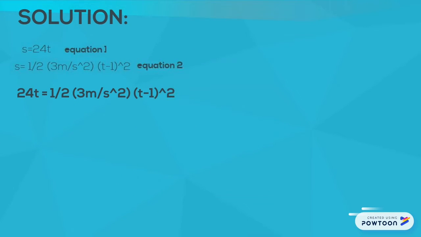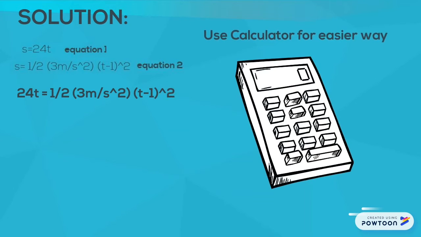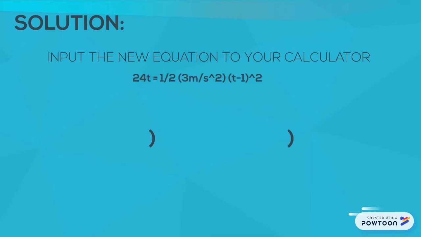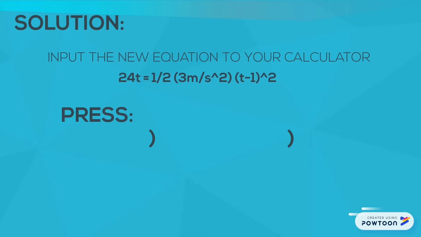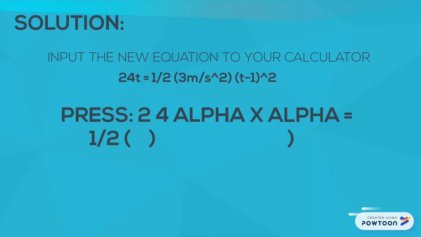To solve this, we will just need a calculator. Get a calculator and listen to my tutorial. Type the equation into the calculator. Just find those x and equals on your calculator, okay? So press 24 alpha x, then alpha equals, then 1/2, open parenthesis, 3, then close parenthesis, then another open parenthesis, then alpha x minus 1, close parenthesis.